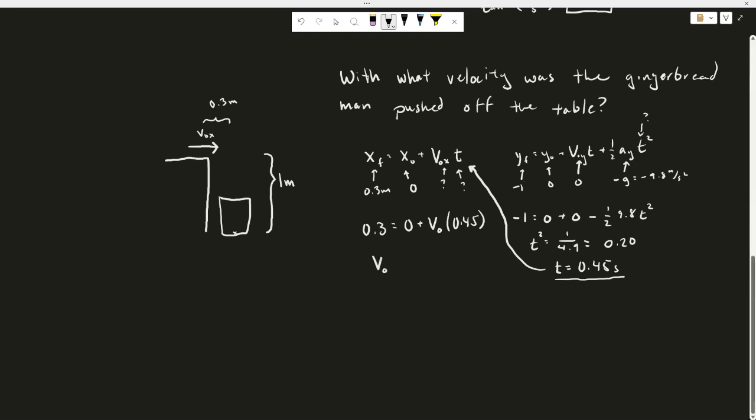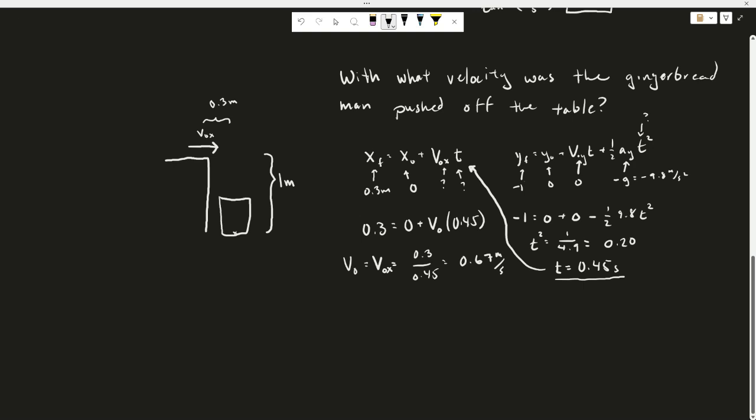And I'll get that v naught, which is equal to v naught x. So v naught x equals v naught equals 0.3 divided by 0.45. This gives us 0.67 meters per second.